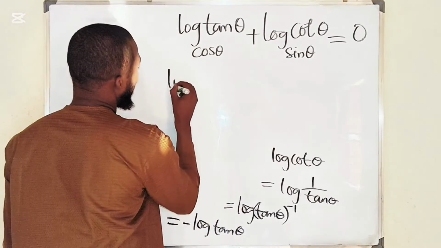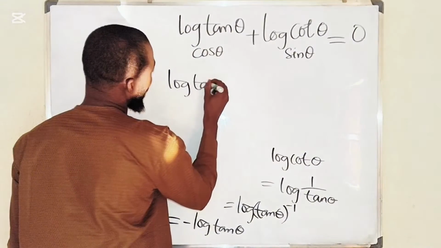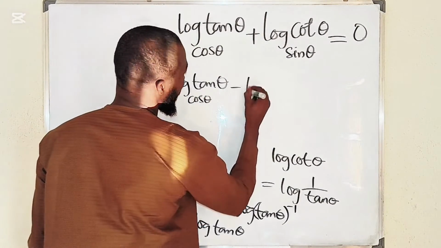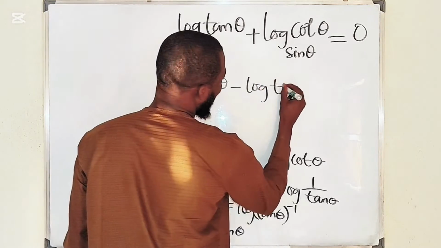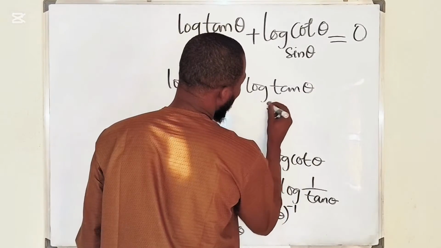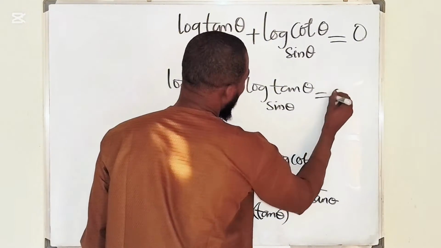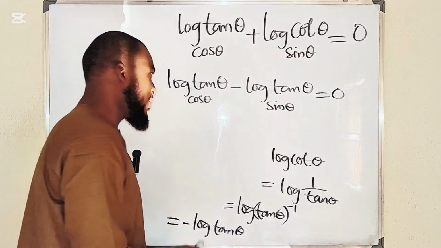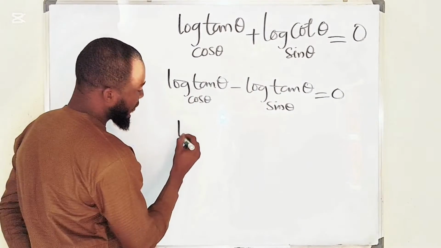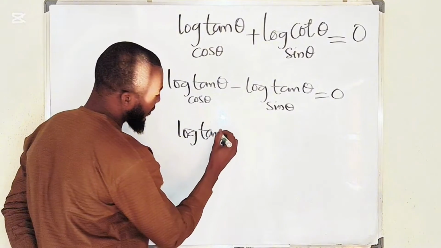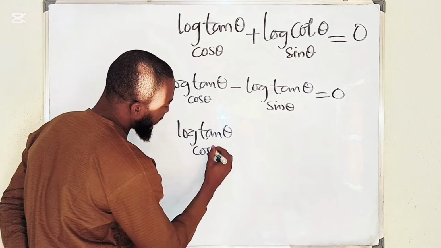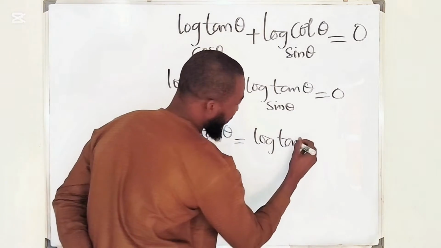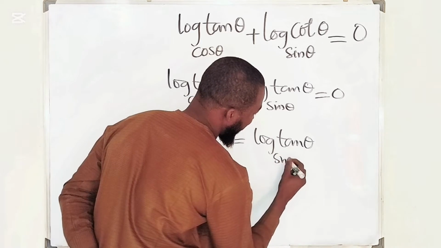So we have log of tangent theta with the base of cosine theta minus log of tangent theta with the base of sine theta equal to 0. And once we take this one to the other side, it becomes positive. So this is log of tangent theta with the base of cosine theta equal to log of tangent theta with the base of sine theta, right?